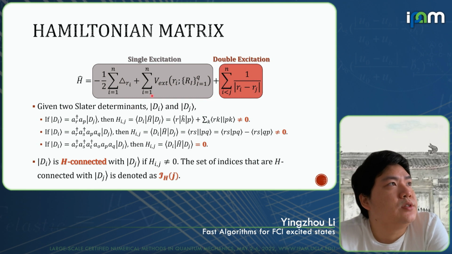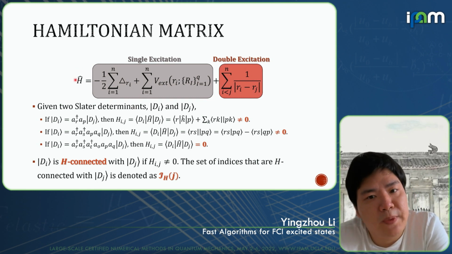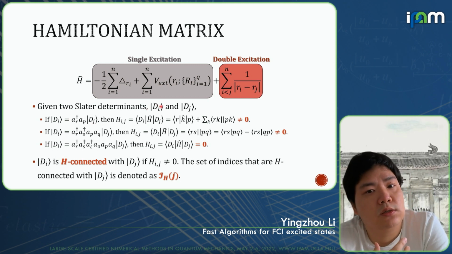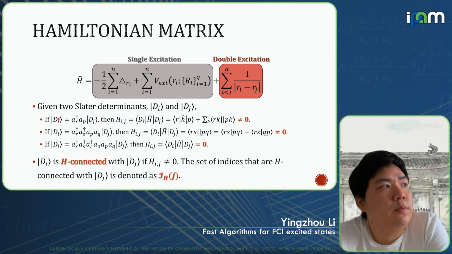And hence, there is a huge sparsity in the Hamiltonian matrix. So let's assume we are given 2 Slater determinants, Di and Dj. Di means some orbitals are occupied, others are not. If they only differ by a single orbital, a single one-body basis function, then the corresponding entry is non-zero.